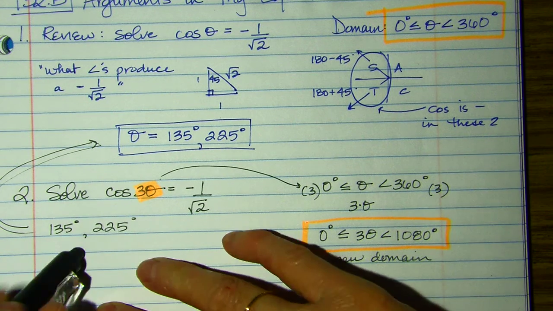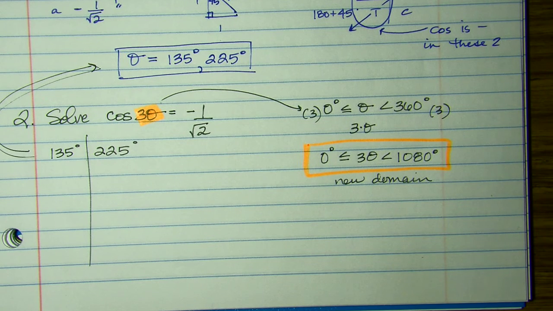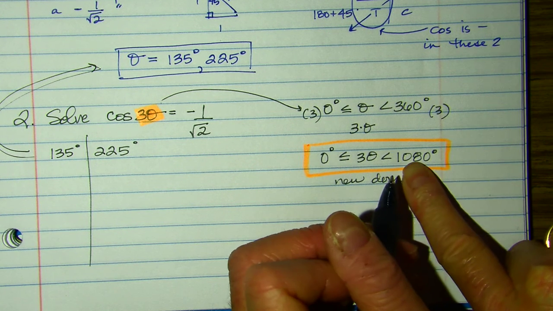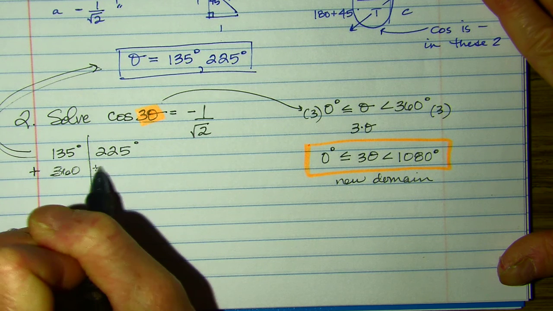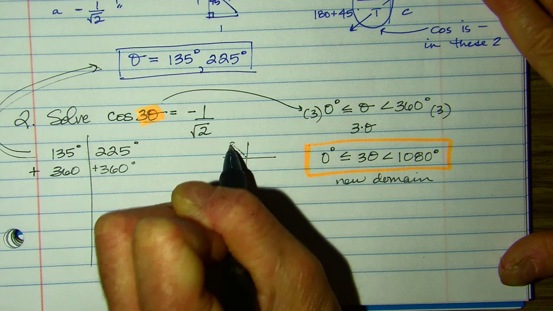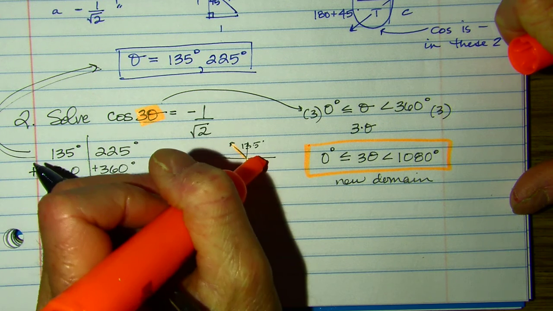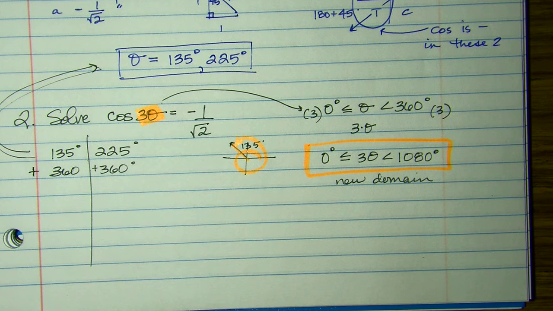Okay, I'm going to set up 2 columns, if it helps you. Now, because I have 3 times theta, I can do additional rotations of 360. Because I can go all the way up to 1080, I'm going to add 360, because I know that the angle 135 shares the same terminal side as 360 plus 135.